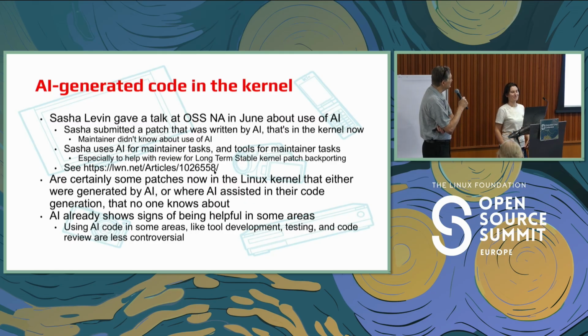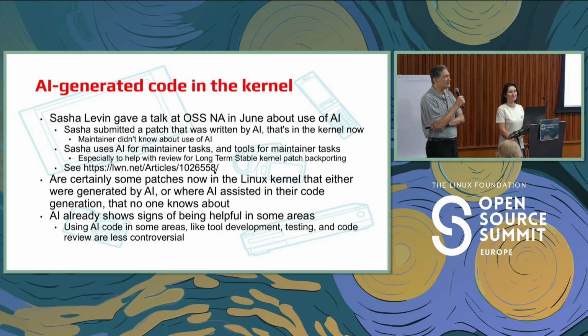And it was accepted in the kernel, and it's actually in the kernel now. And the maintainer who accepted that patch didn't know that it was AI generated. So that raises some interesting questions.